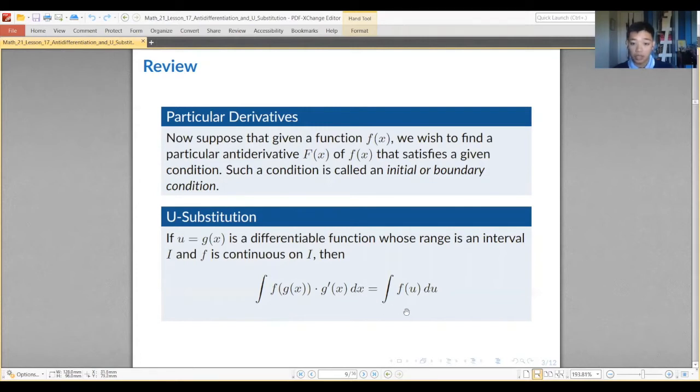Since you have u equals g of x, you can substitute the g of x here with u. And if you get the derivative of u, you'll get du. If you get the derivative of g of x with respect to x, you'll get g prime of x dx. That's why this du will replace the g prime of x dx.